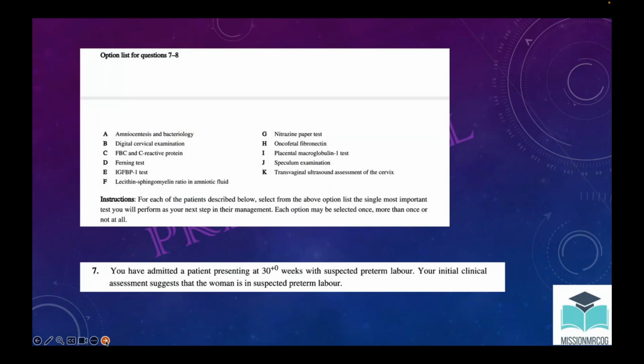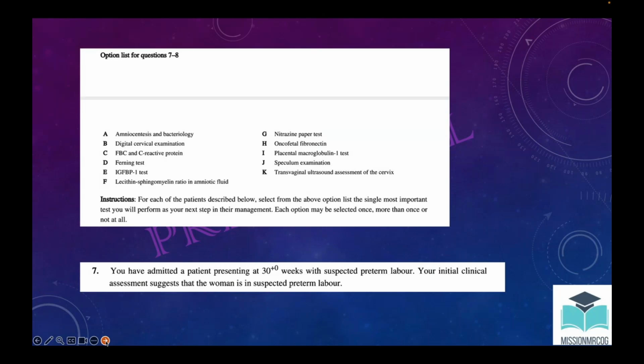Okay, so the patient presented at 30 weeks with suspected preterm labor. Your clinical assessment suggests she is suspected preterm. So, what will you do next? Speculum examination. Speculum examination is done for TVS.